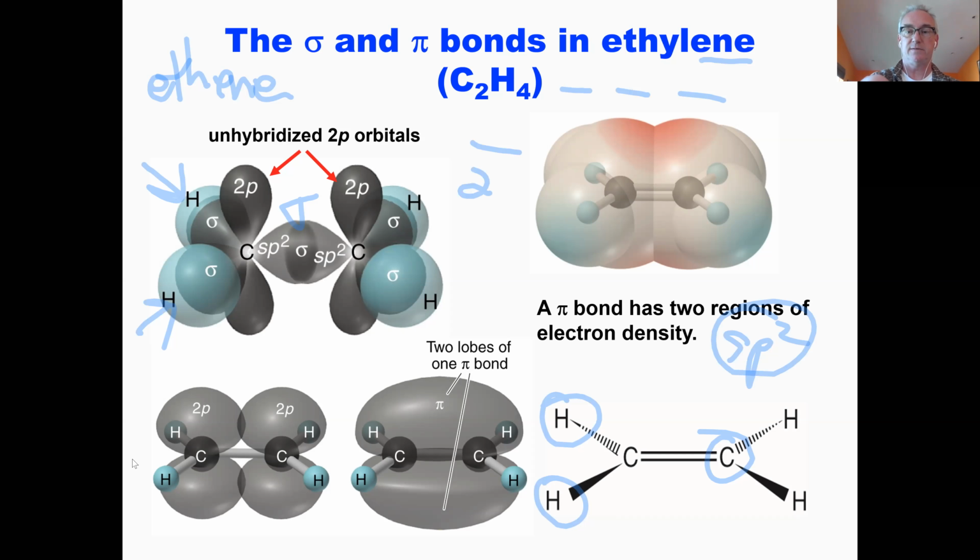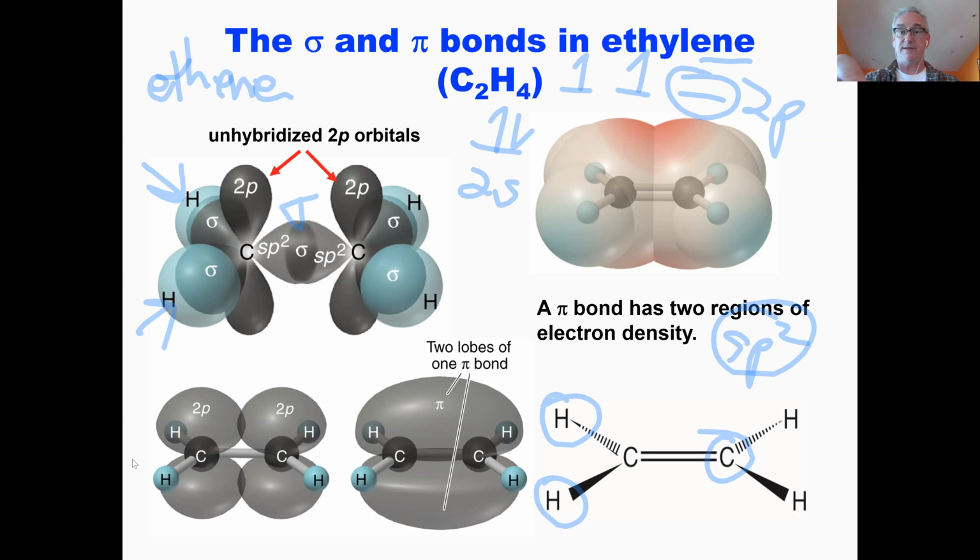Here's our 2s. And here's our 1, 2, 3, 4. And those are our 2 p's. Now what we've done, we've taken 1 of the s's and 2 of the p's and made sp2. We have a p orbital left over.